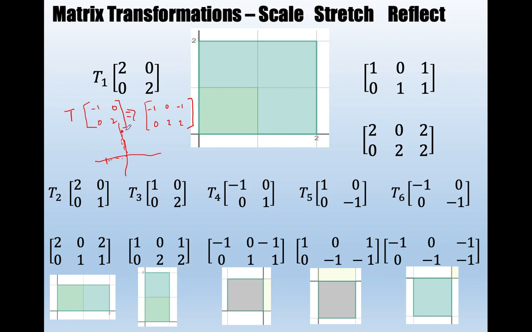Oh, this is so terrible. I can't draw straight lines. And -1, 2. Connect the tips. And I do have my unit square flipped over the y-axis. Did I say x before? Flipped over the y-axis and vertically stretched by 2.